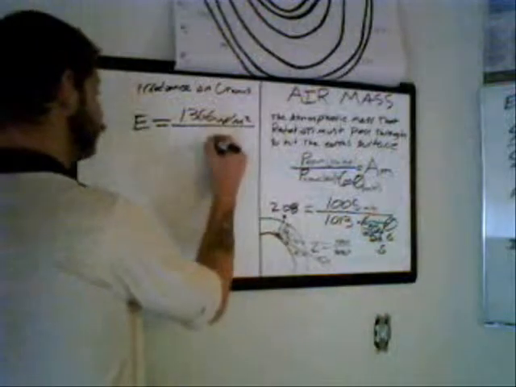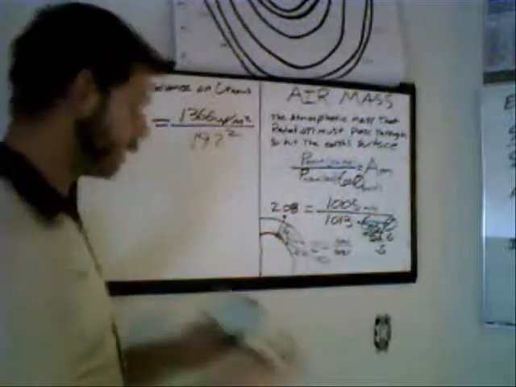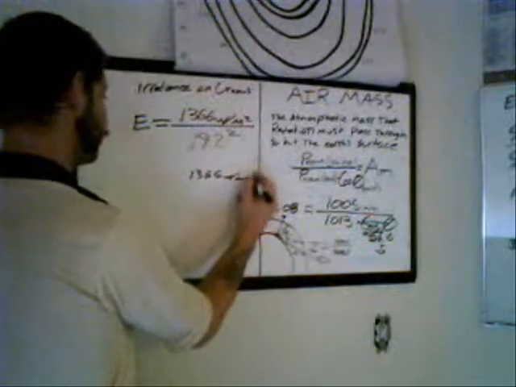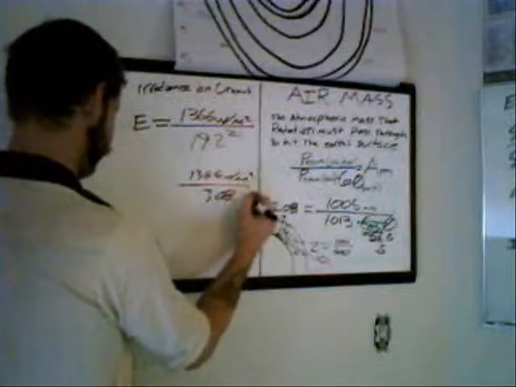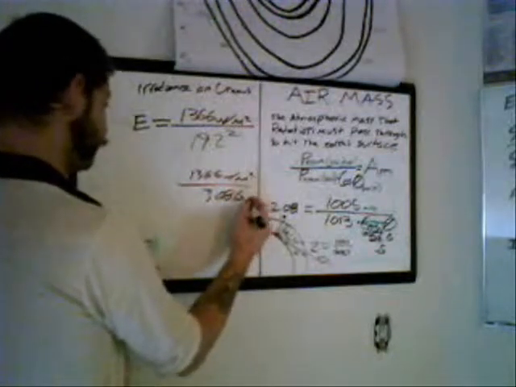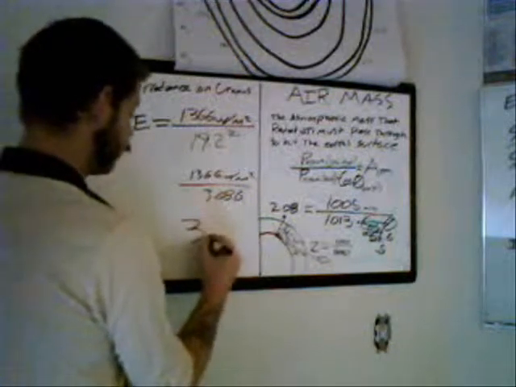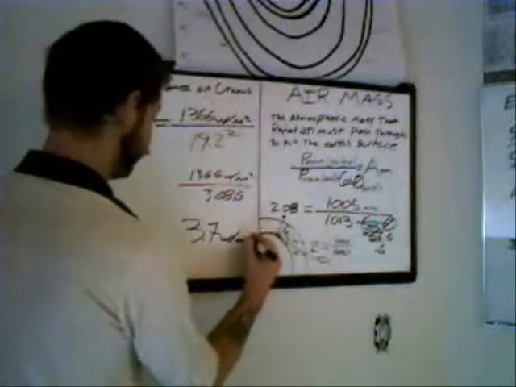So square 19.2, and you'll get 368.6. 1,366 watts per meter squared over 368.6 will give you 3.7 watts per meter squared.